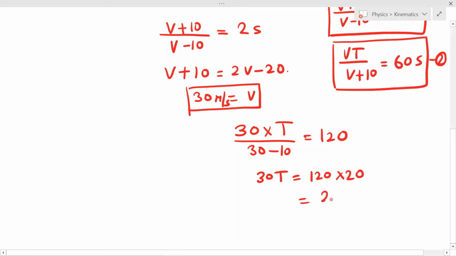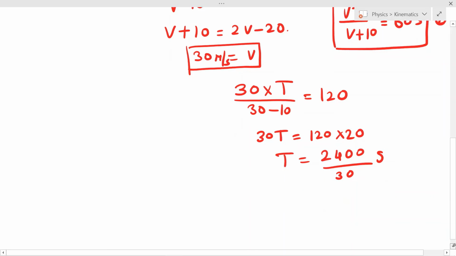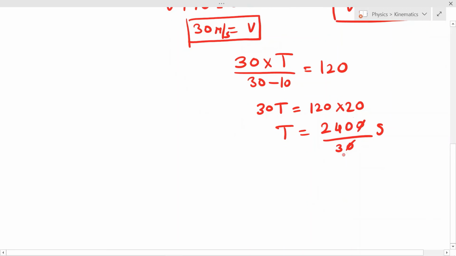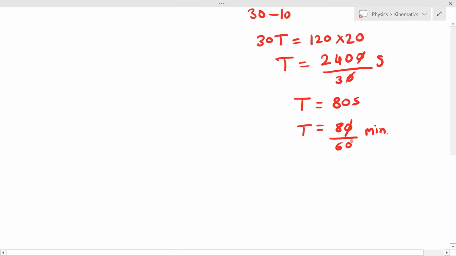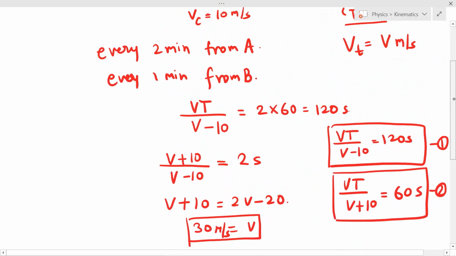So this is 2400 and 30 will come here. So this will be t seconds. Let's cancel this 0. So this becomes 80 seconds. Then in minutes it will be 80 divided by 60, because 1 minute is 60 seconds. So this 0 gets cancelled and then it is 8 by 6 minutes. So every 8 by 6 minutes the cab leaves.